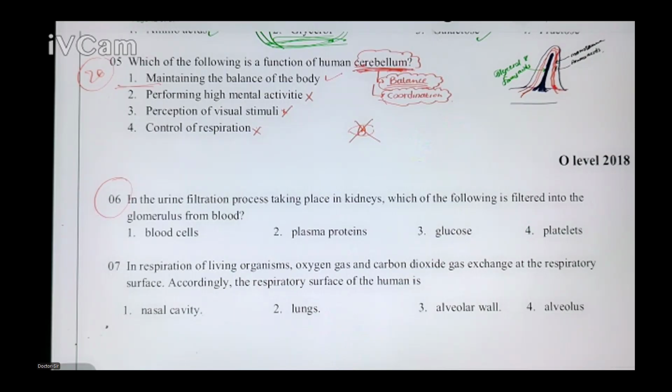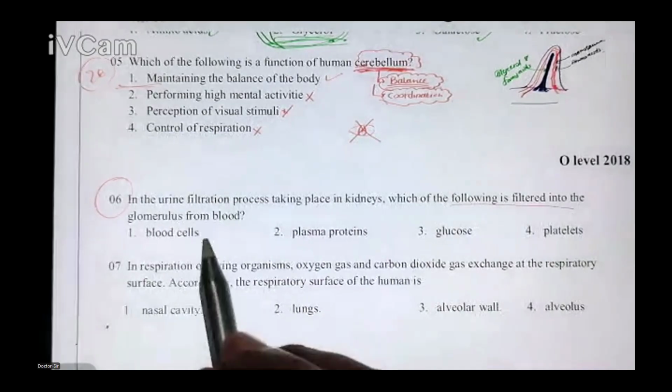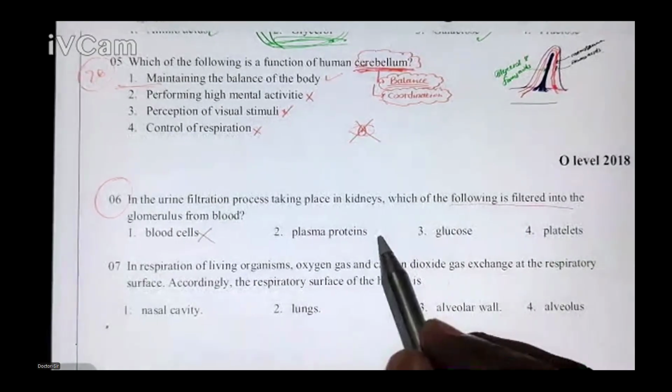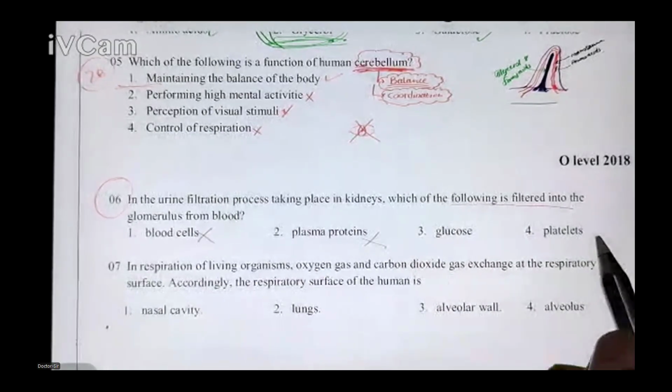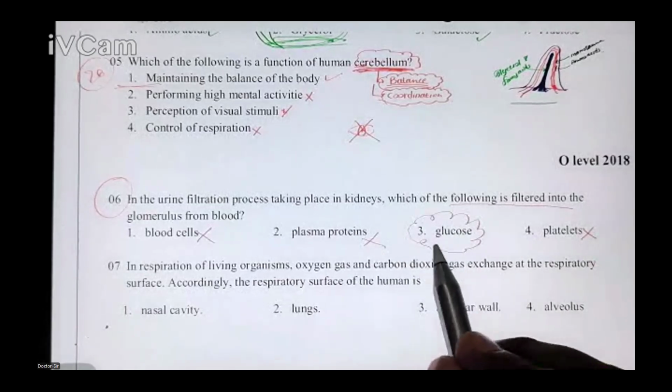Tell me the answer. For question number 6, urine filtration takes place in the kidney. Which of the following is filtered into the glomerulus from the blood? Usually blood cells are not filtered, plasma proteins are also not filtered, and blood platelets are also not filtered.